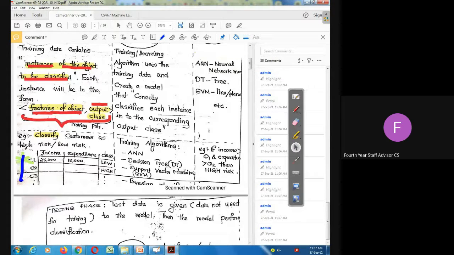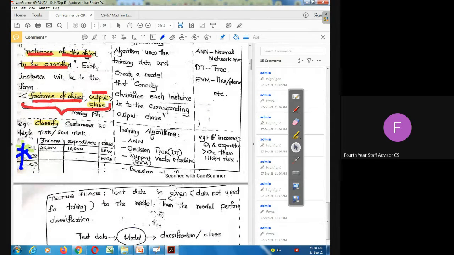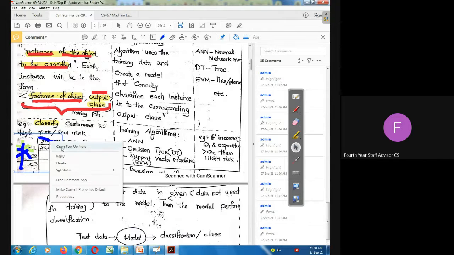Suppose the problem is to classify customers as high risk or low risk. So what will be the format of the training data? On what basis can I classify the customers as high risk or low risk? Based on the income and expenditure.